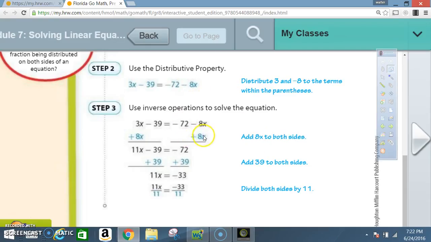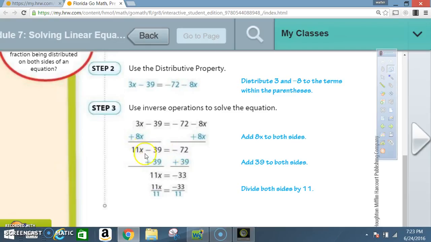So positive 8x, positive 8x. Now I add, going vertical, a -8x combined with a positive 8x goes to 0, so that's canceled out. I'm just left with a -72 on that side. Then I have a -3x plus 8x, that's 11x. And then I bring down that -39. Then I got 11x minus 39 is equal to a -72.